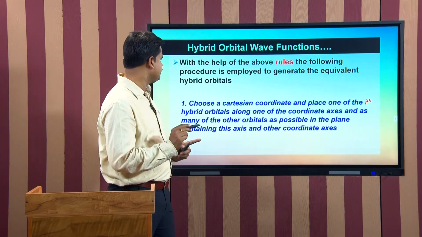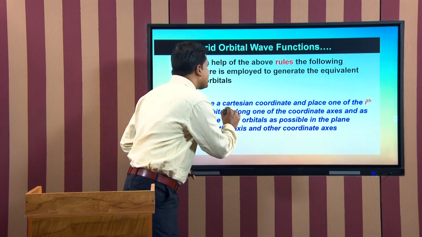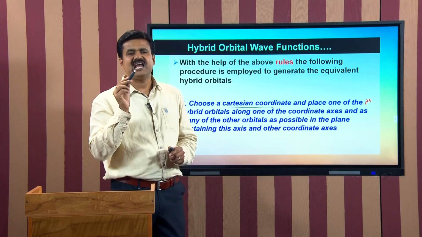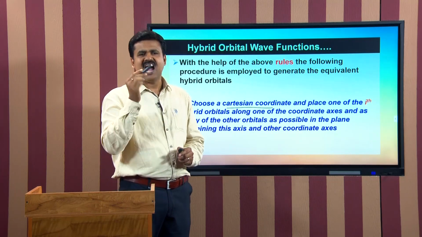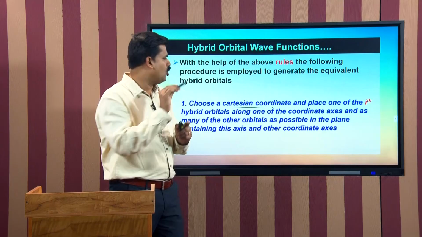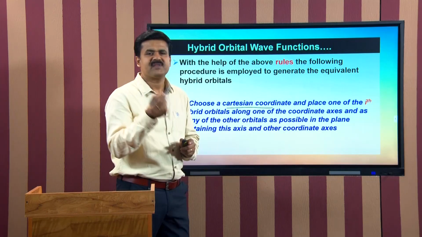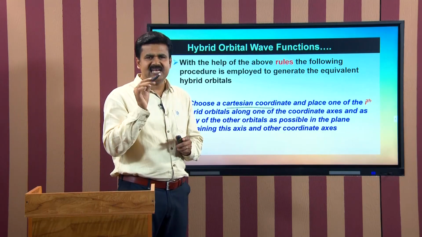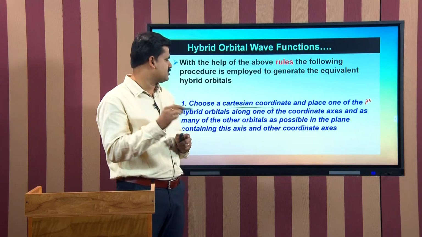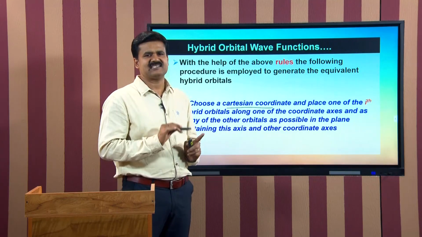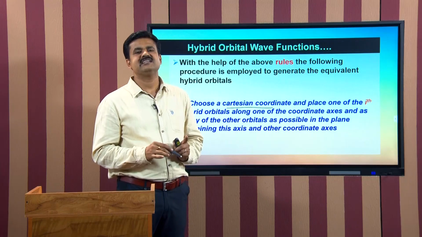As the first step, we have to choose a Cartesian coordinate and place the ith hybrid orbital along one coordinate axis, and as many of the other orbitals as possible in the plane containing this axis and the other coordinate axis.